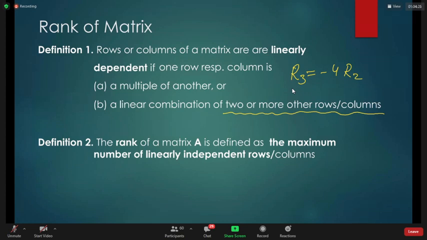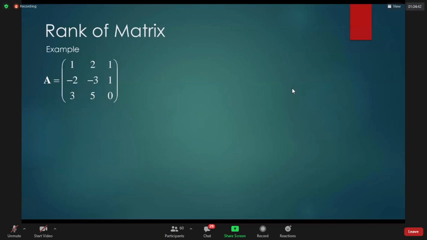So what does that mean in practice? Definitions are empty if we don't know how to use them. What we need to do is apply the Gauss method. We have to make the reduced row echelon form, or at least simply row echelon form. If we change the matrix into row echelon form, then the linearly independent rows are the ones that remain, the non-zero rows.